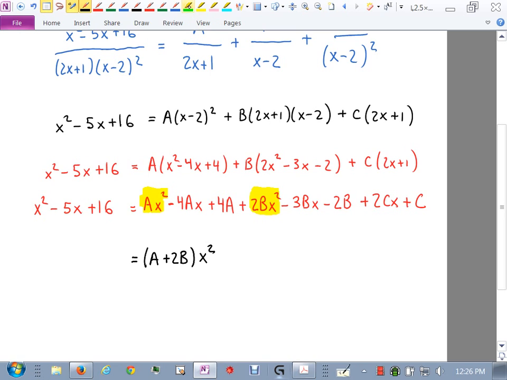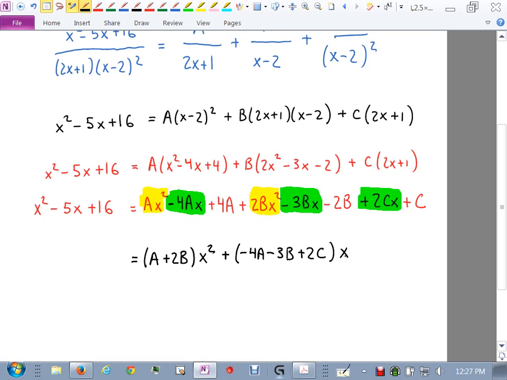That's what these two together, side by side, pulling the x squared out would look like. How about my x terms? Negative 4ax, negative 3bx, and plus 2cx. So if I write that down and pull the x out, in parentheses I would have negative 4a minus 3b plus 2c, times x. Do you agree with that?